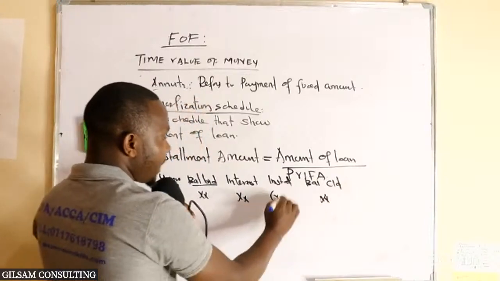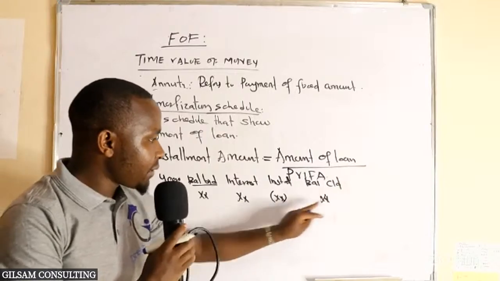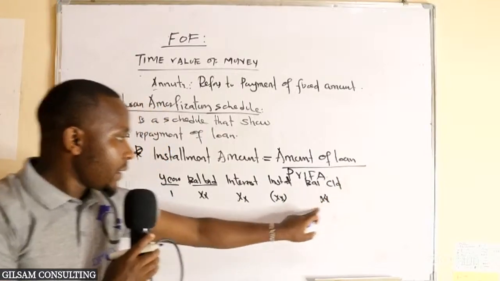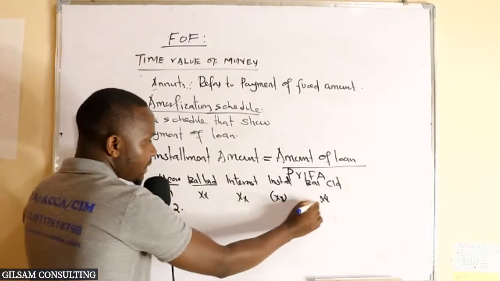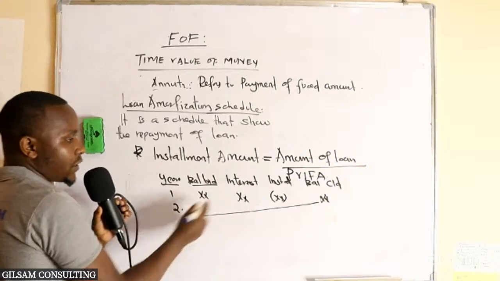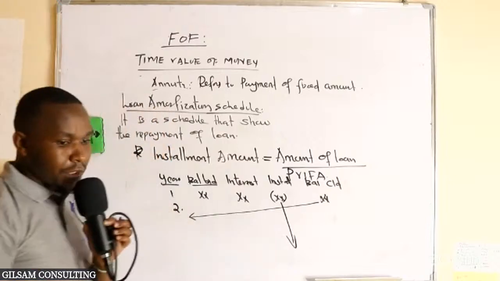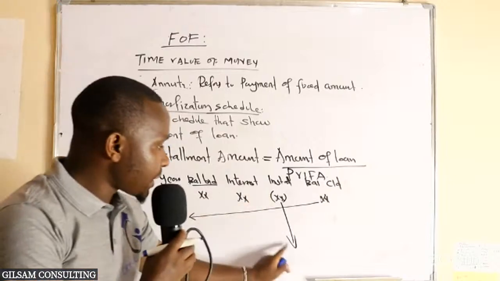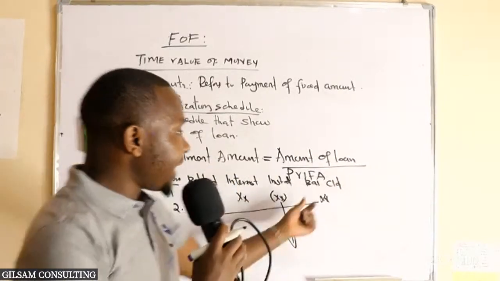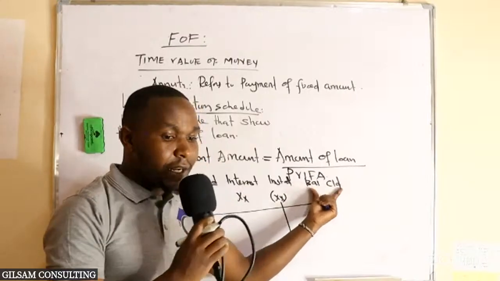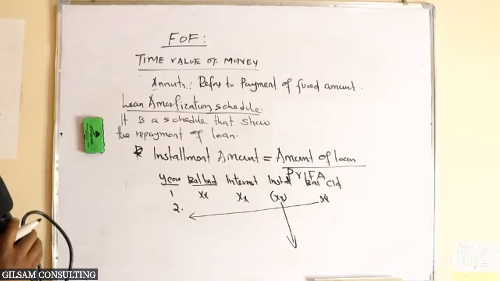But this one should be a negative. So this plus this minus this, you get this, which will be the opening balance of year two. And then you repeat the same procedure. This one should be constant, hata kama ni 20 years. So you repeat that procedure until you get a nil balance at the end of that amortization period.